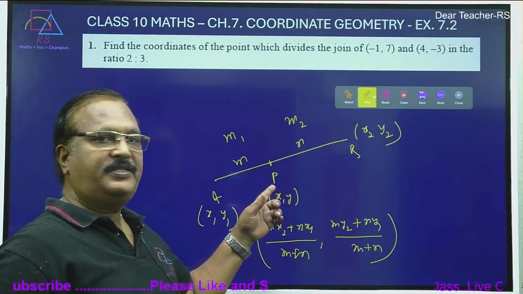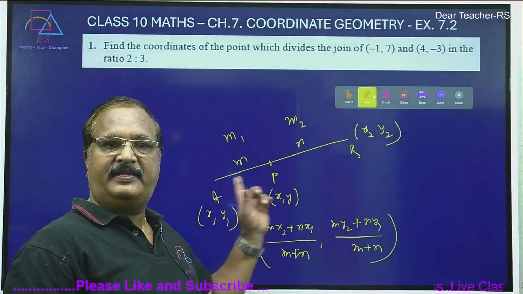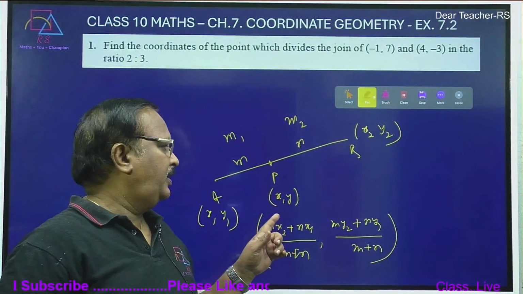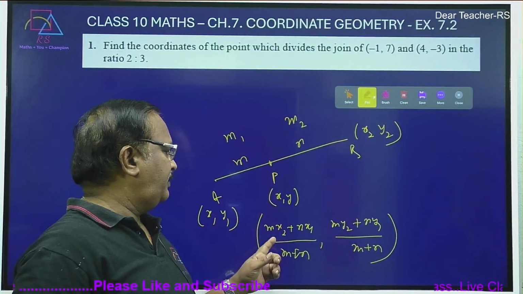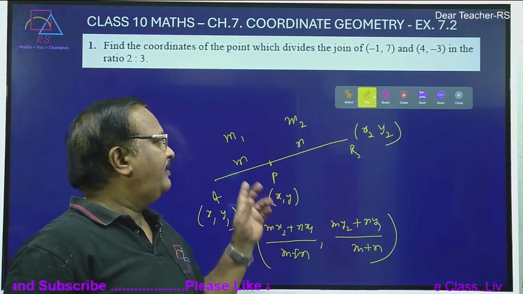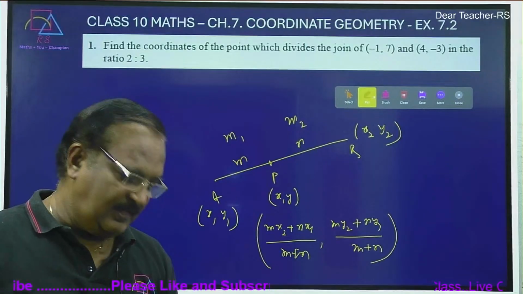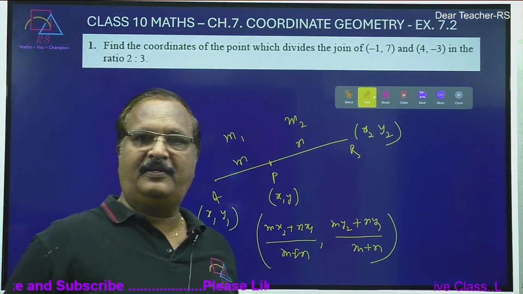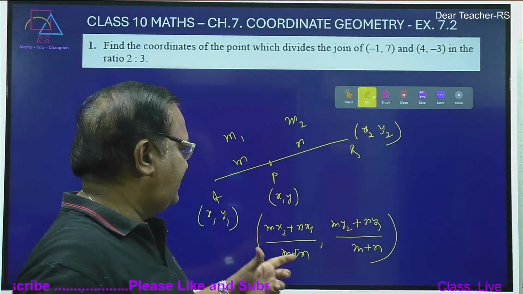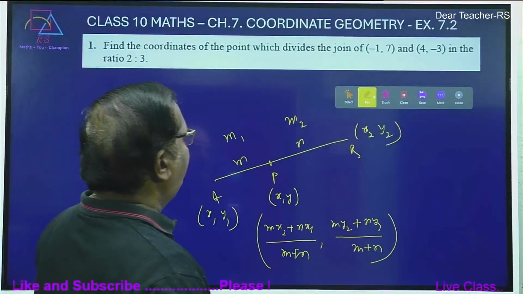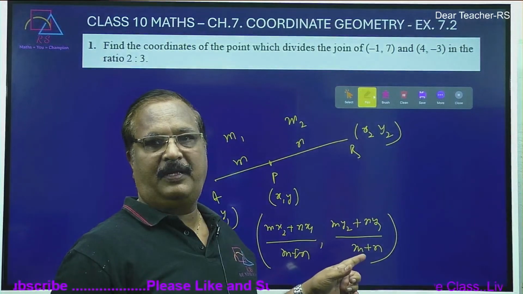These are the coordinates of P. P divides the line segment in the ratio m is to n. If you are writing m1 is to m2, in the place of m it is m1, because it is m1 x2, like that you can remember. Logically you can remember this formula. देखने में इतना बड़ा रहता है, बट छोटा ही है, एक लॉजिकल सेंस से आपको याद रखना है. So to do all these 7.2 exercise, we need to remember this formula.